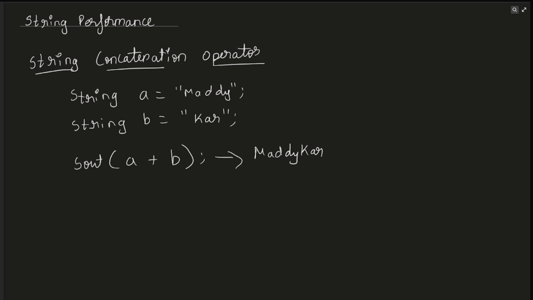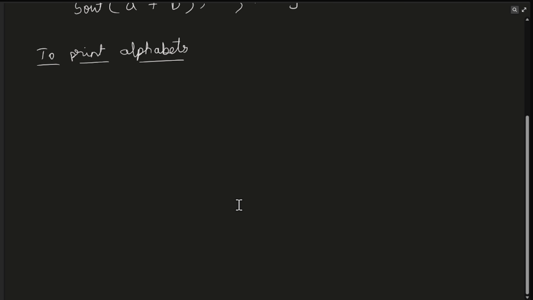Now let us write a small code snippet to print all the alphabets in English. We know we have 26 letters in English.